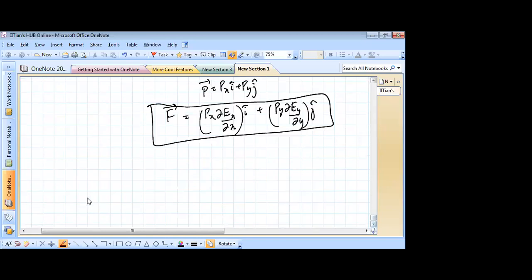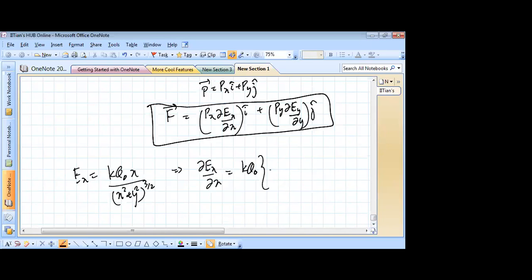You can see that here Ex is Kq naught x upon (x square plus y square) to the power 3 by 2. So its partial derivative with respect to x will become how much? Kq naught.